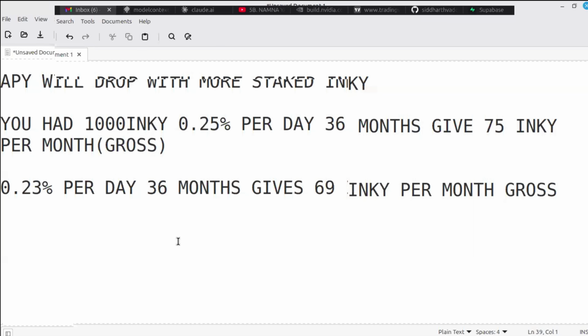So basically, when you are dealing with this business, these are the two dynamics that you are going to face when you are staking with Inkryptus.